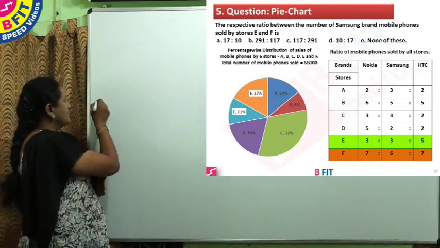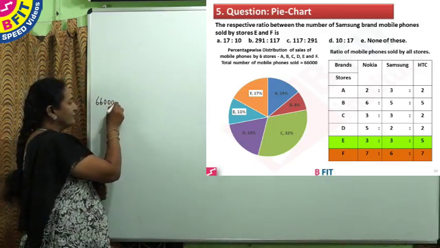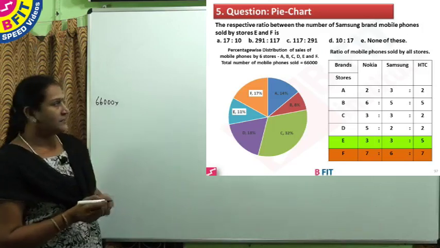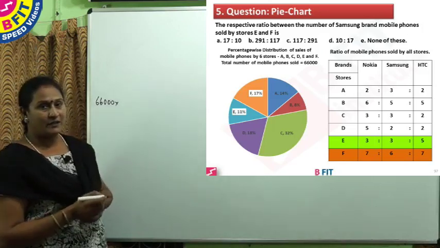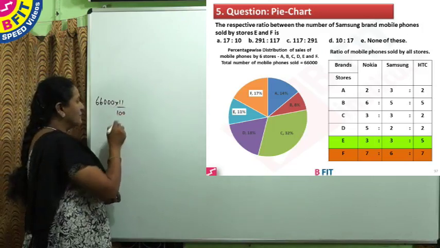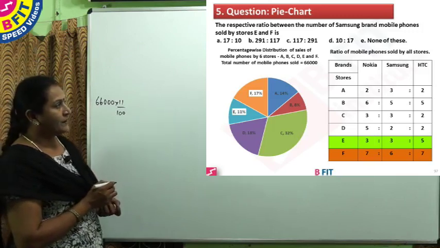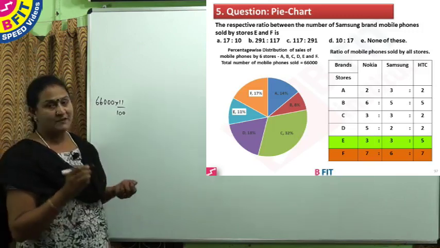So in the 66,000, what is the percentage of phones sold by store E? It is 11%. So instead of finding the value, we'll just place it in this format. And we are asked to find for Samsung phones.